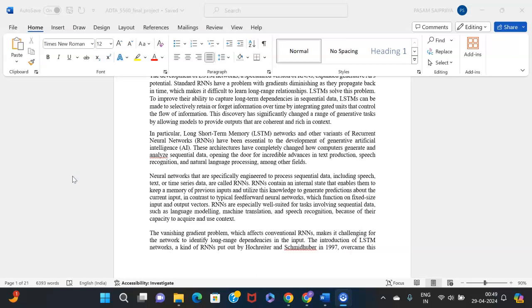The vanishing gradient problem, which affects conventional RNN, makes it challenging for the network to identify long-range dependencies in the input.